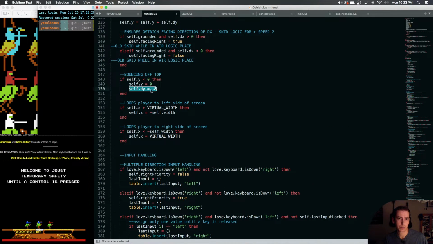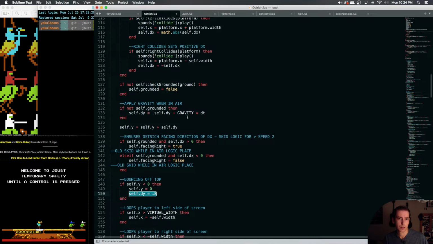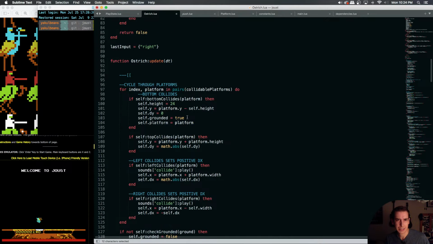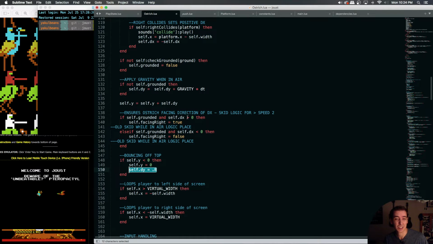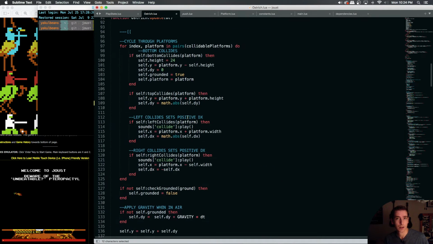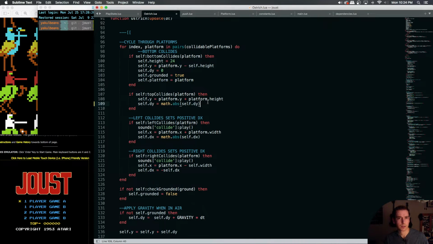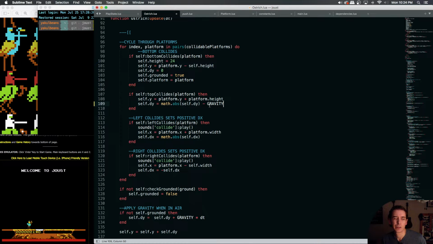Oh yeah, that's the same bouncing off the top. So yeah, we need to say, gosh, where is it? Here. Top collides. We're gonna subtract gravity because we're gonna add gravity upon the update.